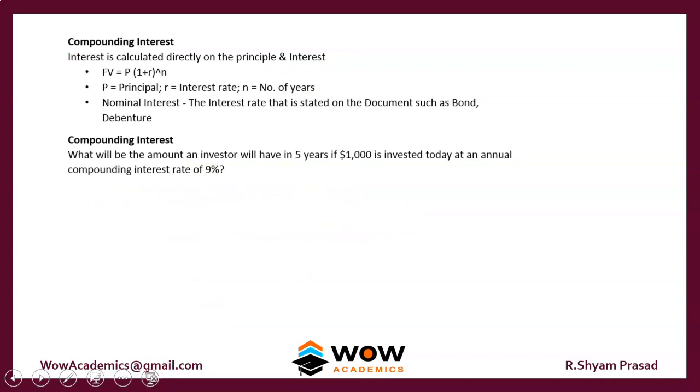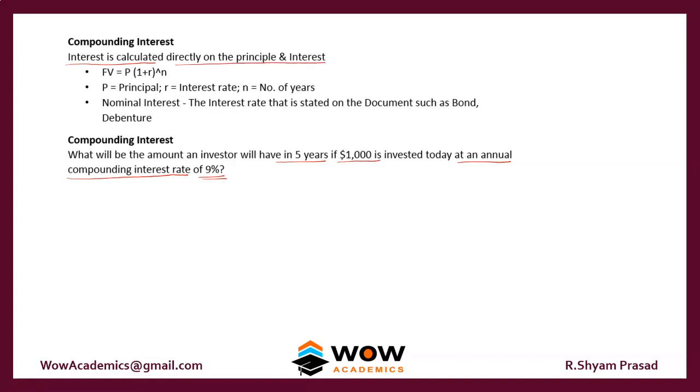So in compounding we'll use the same question. What will be the amount an investor will have in 5 years if 1000 is invested today at an annual compounding interest of 9%? We'll have the same numbers, but we'll see how compounding works. This is the concept in compounding: interest is calculated on the principal and interest.